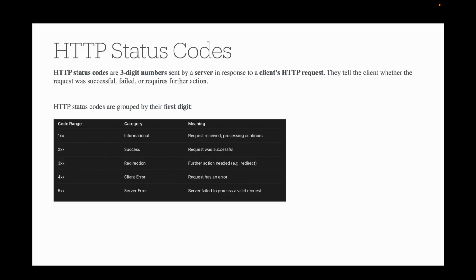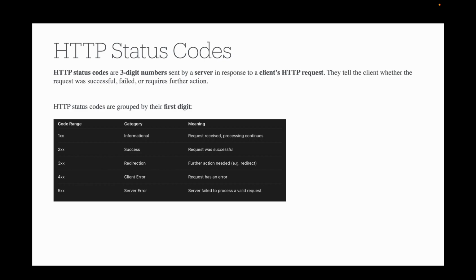Similar to this, 400 means that there is a client error, that there is some error in the request object that we are sending to the server. 500, or 501, means that there is a server error, that is, the server failed to process a valid request.